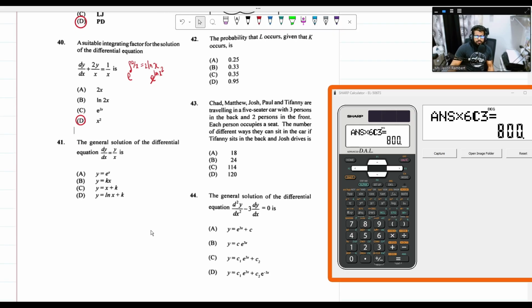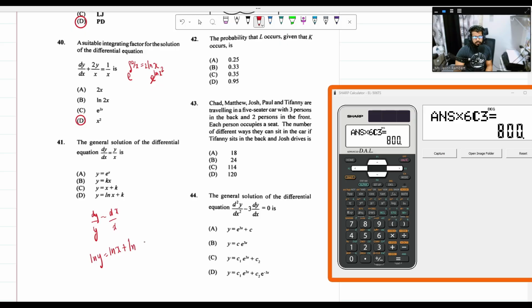The general solution of the differential equation is, alright, so the variables are separable, so dy over y is dx over x. So we're going to get ln y is ln x plus c. None of these are answers, so I'm going to change how the constant looks.